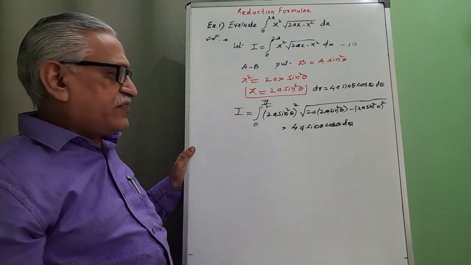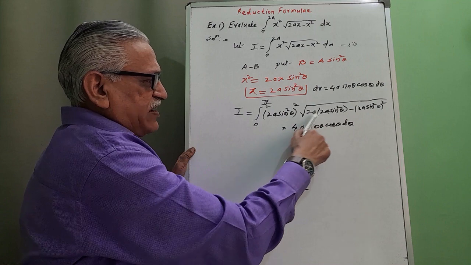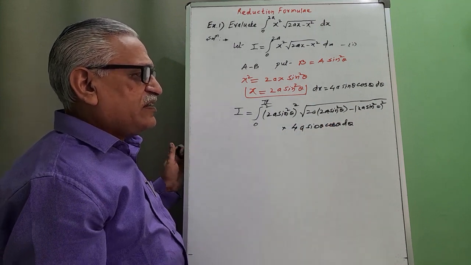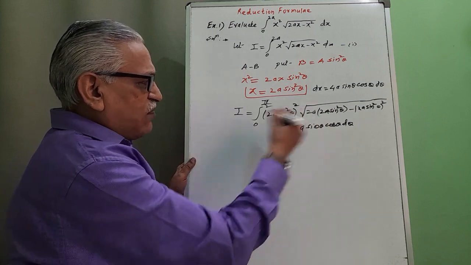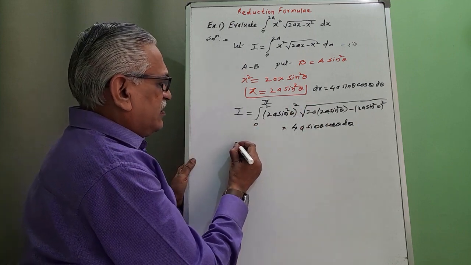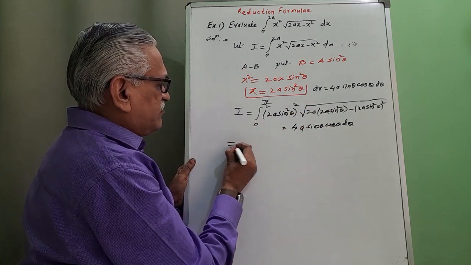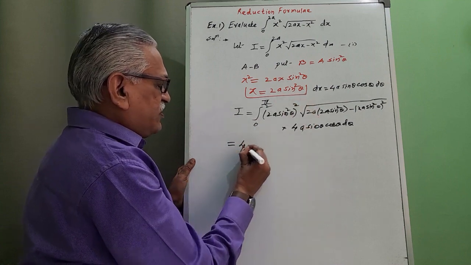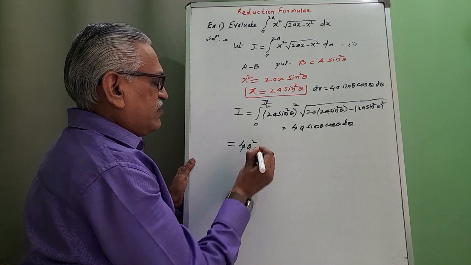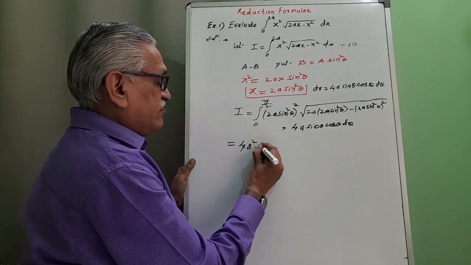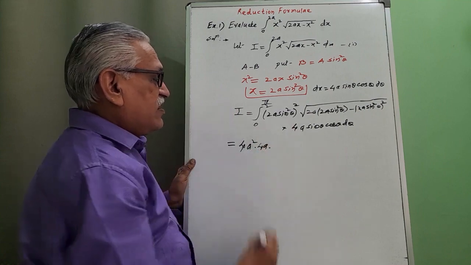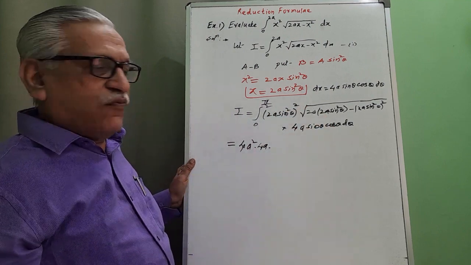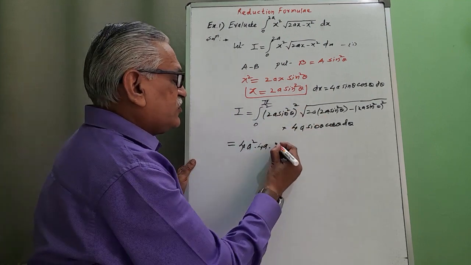Then simplifying it, from these two terms I can take 4a square and sine square theta common, and therefore the integral becomes, this is 2a square, means it is 4a square, this 4a, and this is inside the square root 4a square. Square root of that term is 2a.